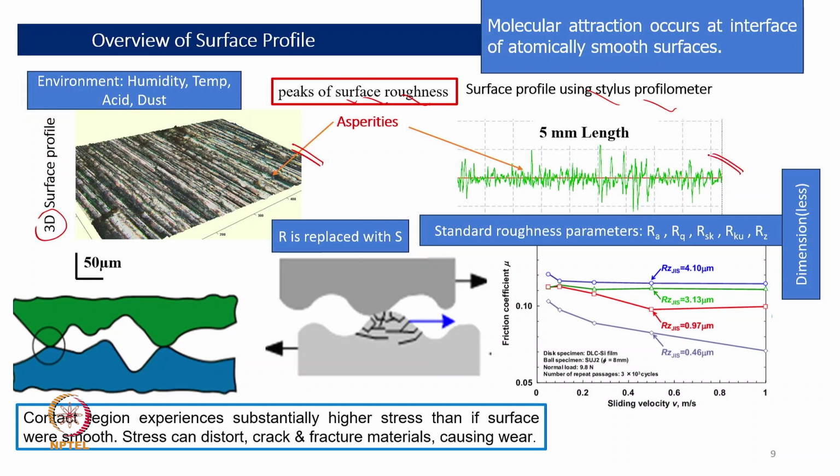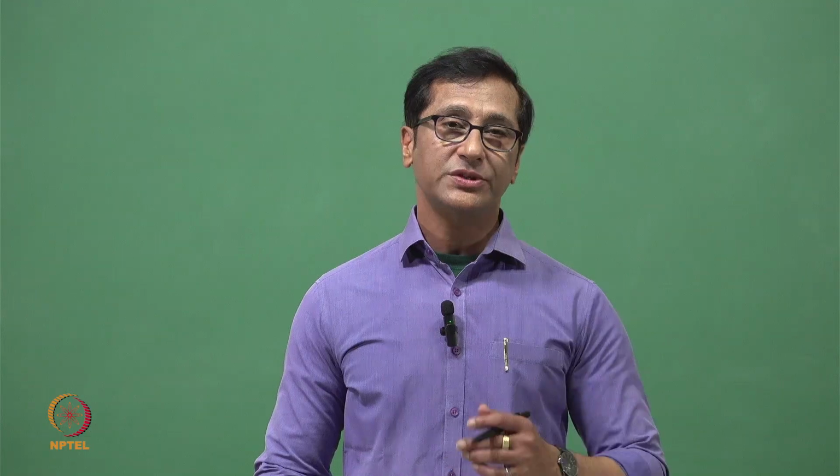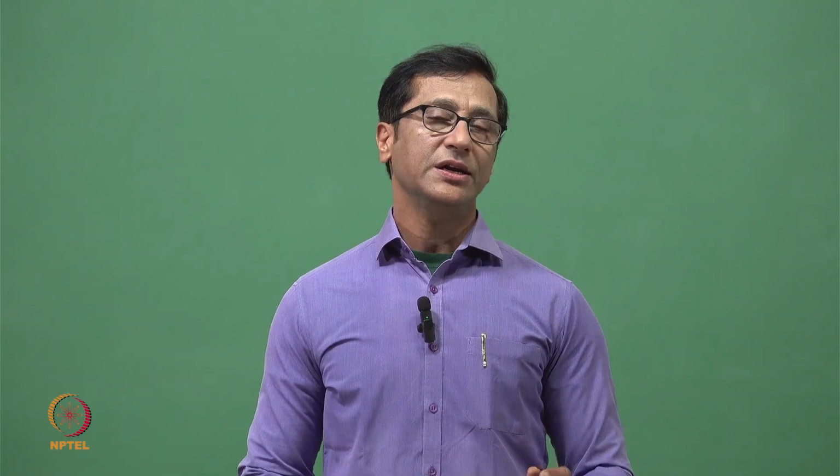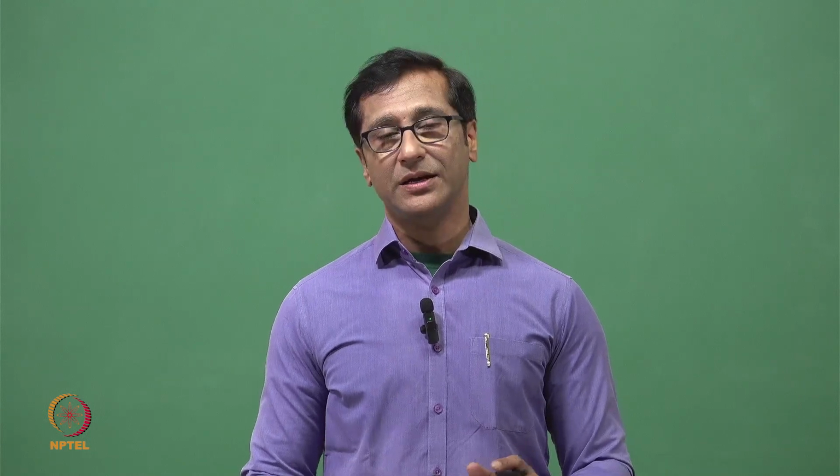These are the asperities you are able to see. This is an asperity, this is an asperity, and similarly these are asperities too. These are important for us, and of course valleys are also important. In the present course, we give maximum weightage to valleys, since we know that peaks will be eliminated, truncated completely, during running-in.